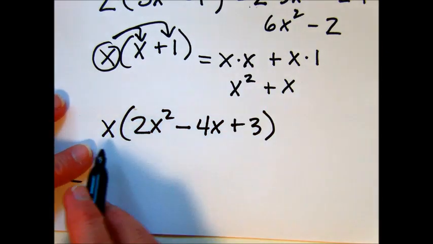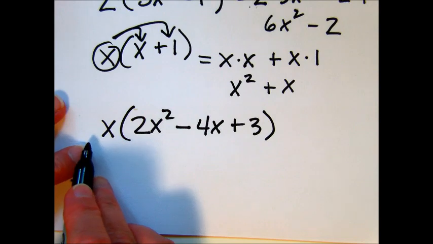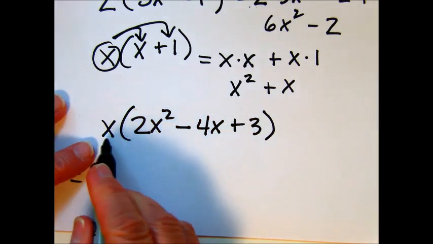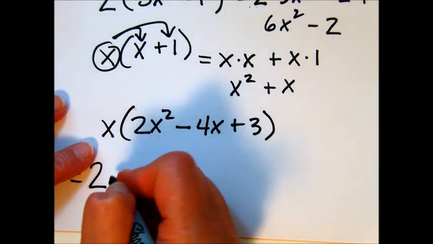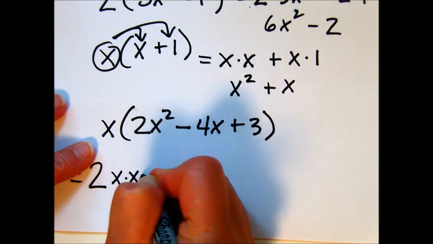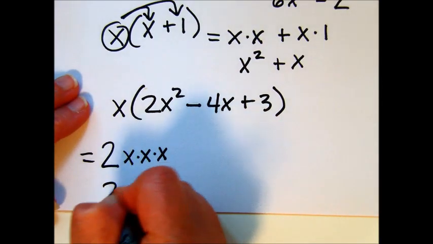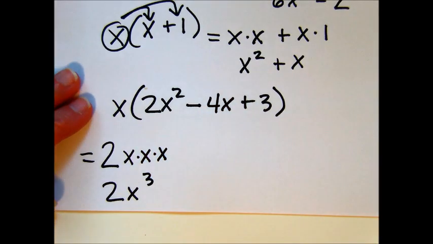So we don't have a coefficient here, but you can assume that's a 1. So 1 times 2 is 2. X times x squared. That's going to be x times x times x, which is 2x cubed.